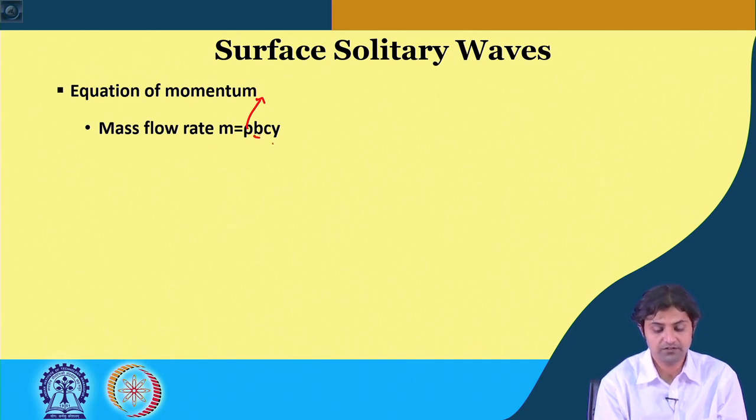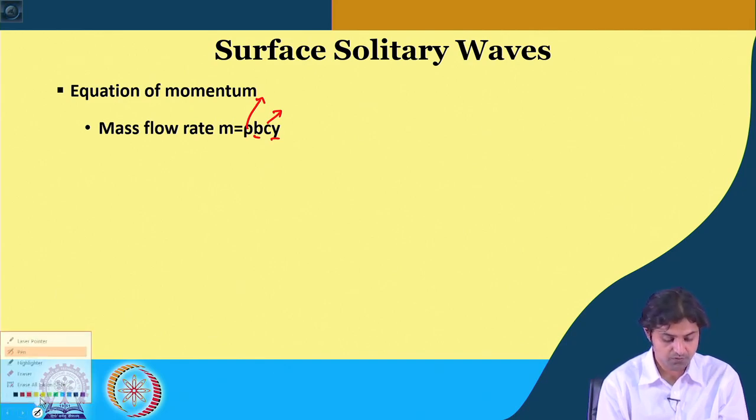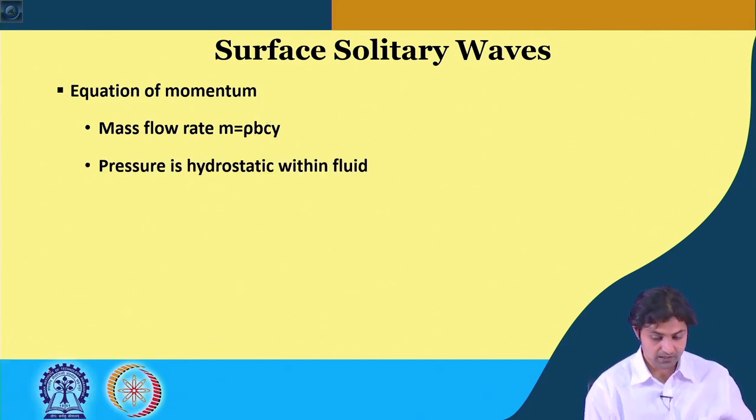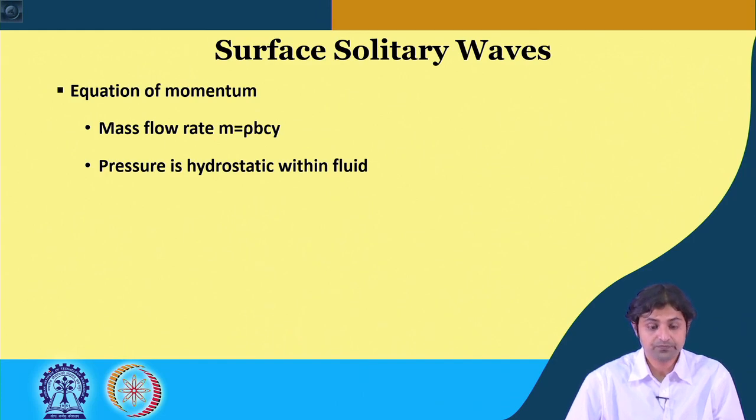So, b is the width, y is the depth, and c is, let us say, dx by dt. This is width, this is length, and this is height. So, this is the mass flow rate, m equals rho b c y.